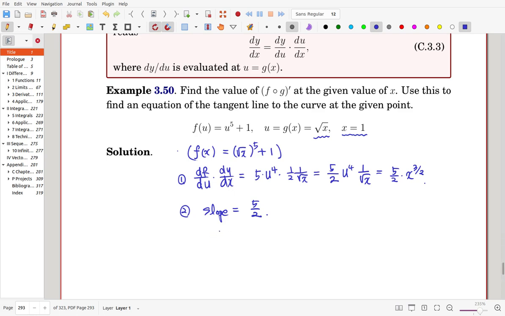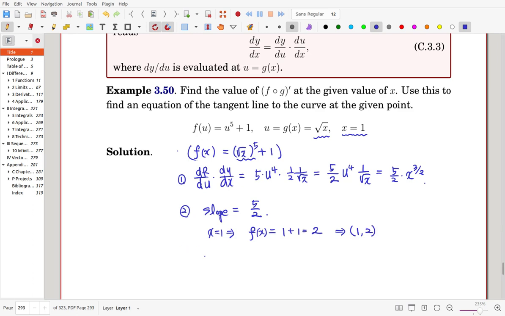And the point is, now x equal 1, then here f of x or f of u is the same as 1 to the 5 is 1, plus 1, so that is 2. So the point is here (1, 2).